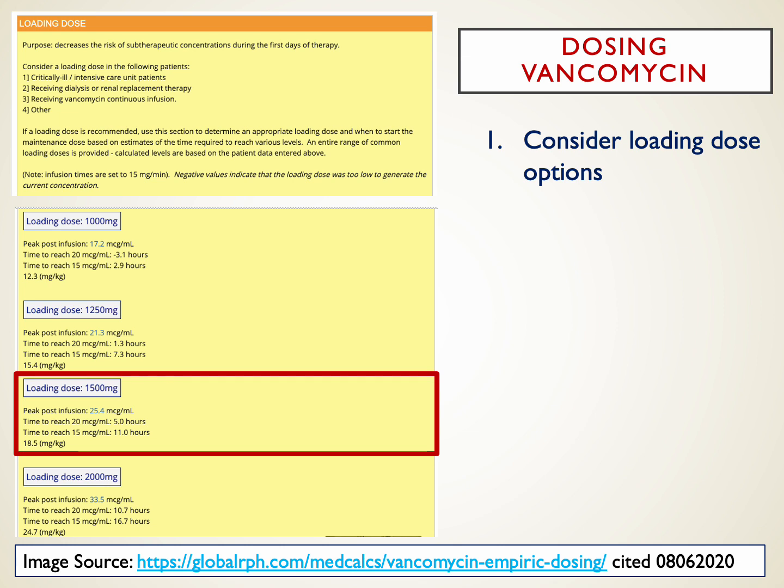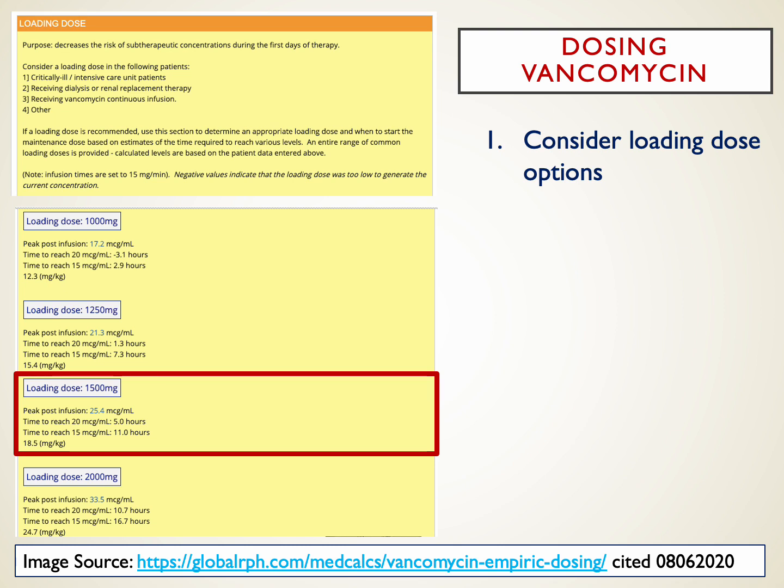In 5 hours, I'm going to be at about 20, and at 11 or 12 hours, I'm going to be at 15. And that's kind of nice, because what I may end up with this patient is a 1500 milligram load and then 750 every 12, starting 12 hours after the 1500 dose. That pretty much gets me where I want to be for a trough of around 15, depending on what I'm trying to hit.